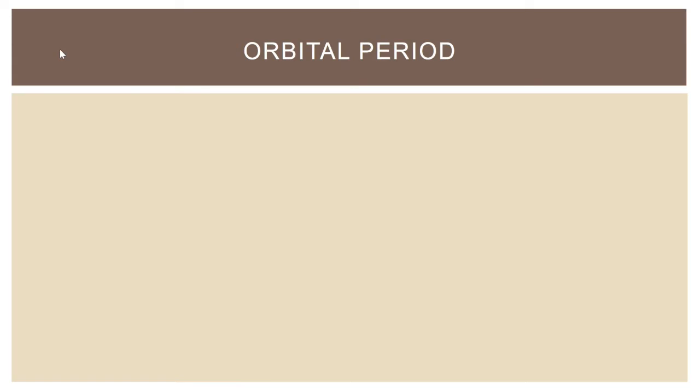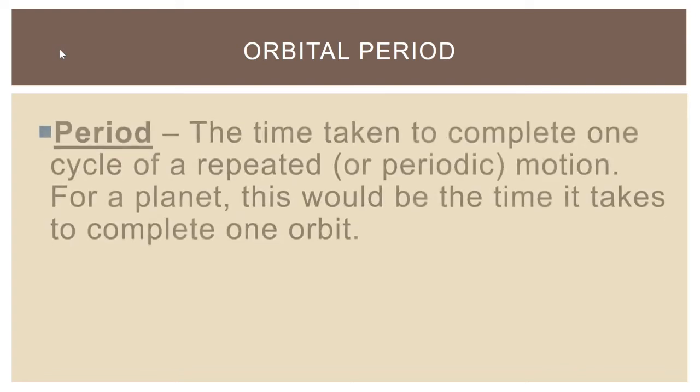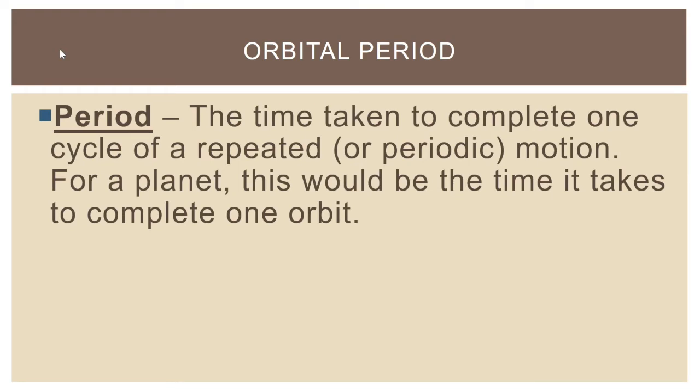We talked about this in honors physics for sure. We did it in the context of waves, but it's important to realize in whichever context you're talking about, the term period means the same thing. And so what we're going to say here first is that the period is defined as the time taken to complete one cycle of a repeated, which we usually call periodic, motion.